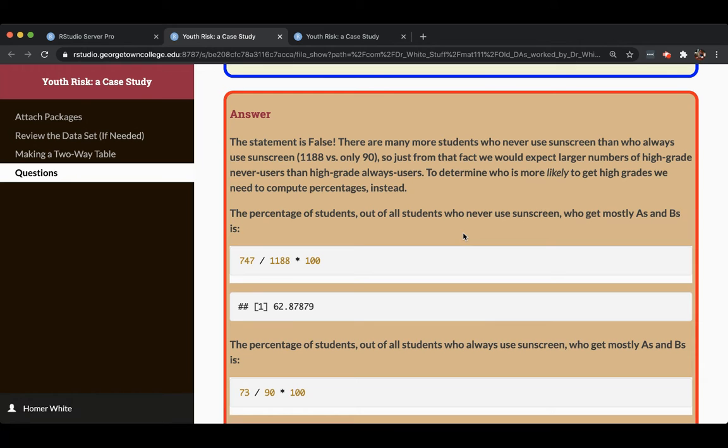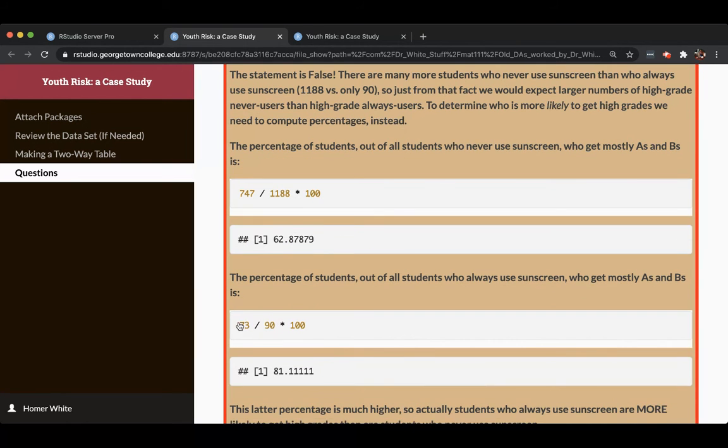So if you really wanted to see who's more likely to get A's and B's, then you should compute the percentage of all people who never use sunscreen who get A's and B's, and that's about 68.87%. And you should compute the percentage out of all who always use sunscreen, the percent that get A's and B's.